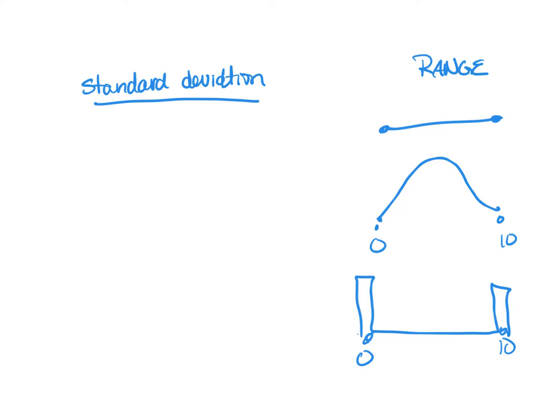So to calculate that by hand, you would take each data point and subtract the mean from it. This is the symbol we use for mean, or we also use this symbol if it's a sample. This symbol is for the whole population.